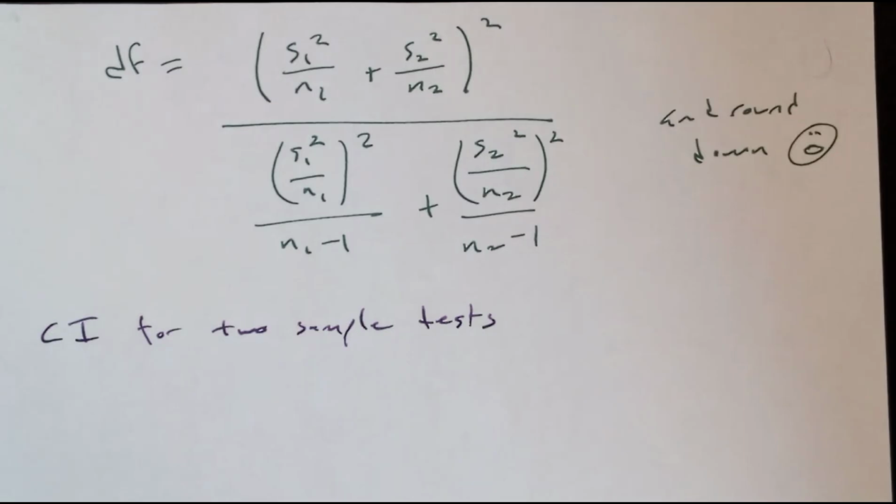Again, what my choice is going to matter is which one I'm using. I'm going to skip the z version here because that means I have to know the population variance, and that almost never happens in real life. So I'm going to assume we're dealing with a t-score here. And then the question is, am I pooling the variance or not?